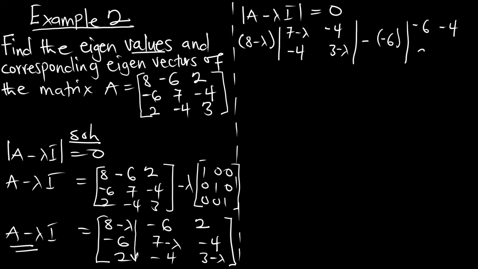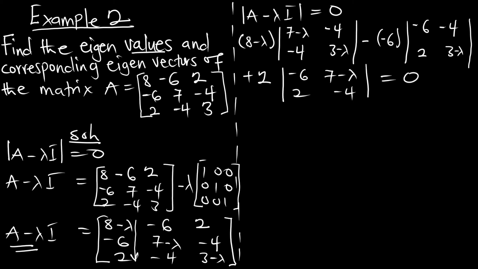We also have 2, 3 minus lambda. Then plus 2, the 2 by 2 matrix, that is negative 6, 7 minus lambda. We have 2 and negative 4. So with this, we can further reduce this. So let's equate it to 0.